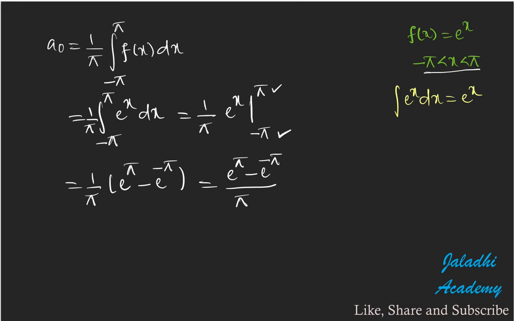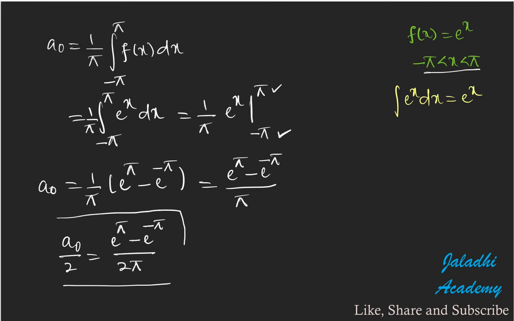This is the value of a naught, and since a naught by 2 is in the formula, we can compute that a naught by 2 is e power pi minus e power minus pi by 2 pi. So we got a naught by 2.